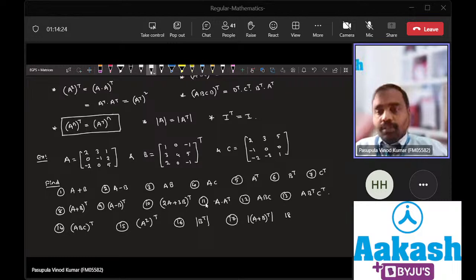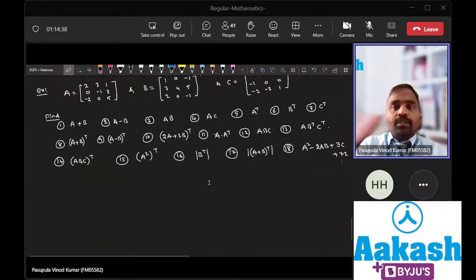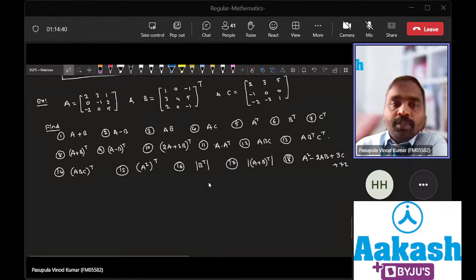And 18th one, this is A square minus 2AB plus 3C plus 7I is equal to what? So these are all just algebra based questions only.